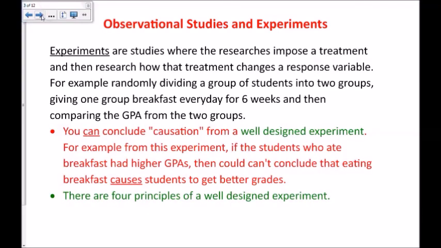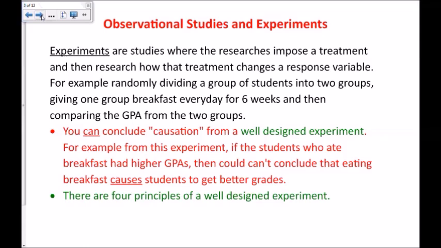That's different from an experiment. Experiments are studies where researchers impose a treatment. They do something to the subjects and then research how that treatment changes some response variable. Okay, so for example, we could do an experiment with breakfast and GPAs. Okay, here's an example.